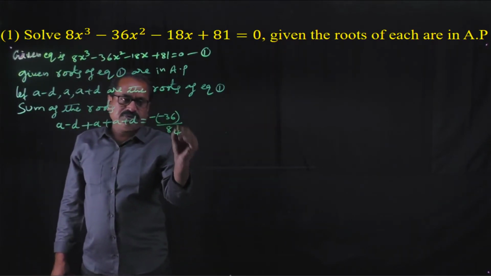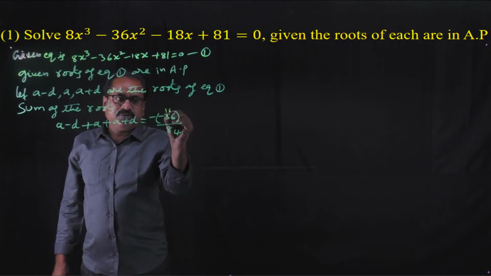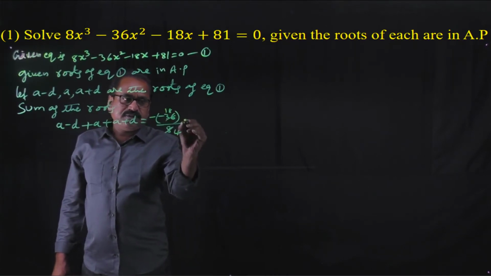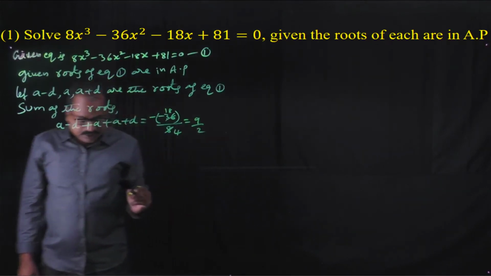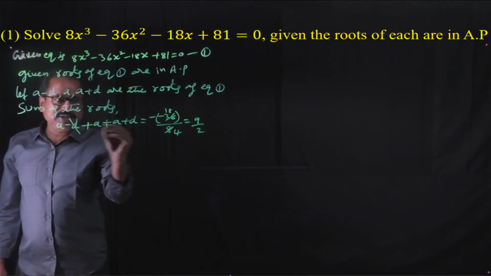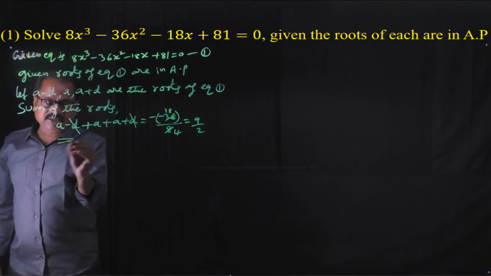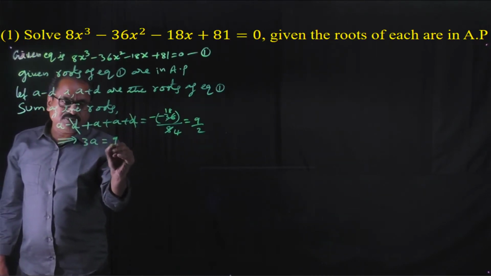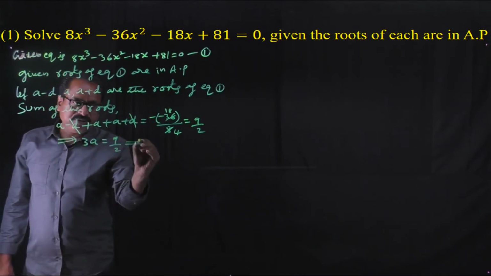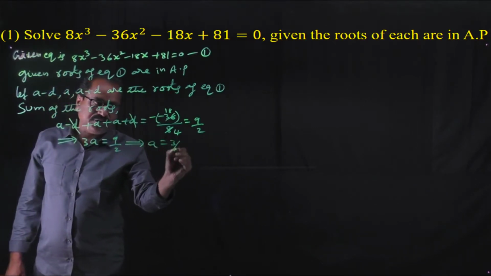So 2 fours, 2 eighteens, that is equal to 9 by 2. Here minus d plus d gets cancelled. a plus a plus a, that is 3a, is equal to 9 by 2. This implies a is equal to 3 by 2.